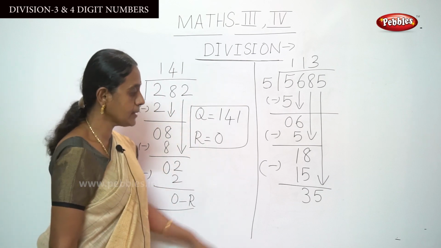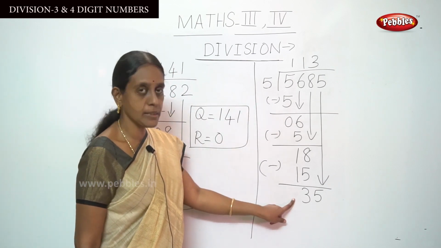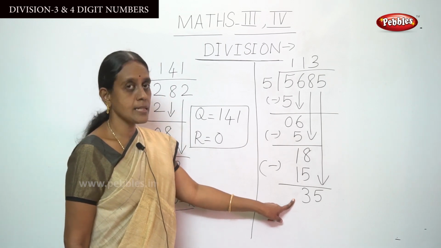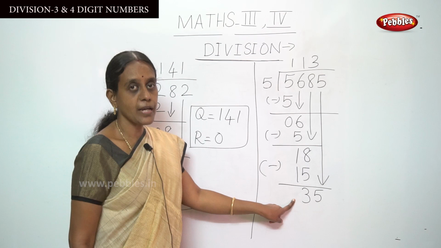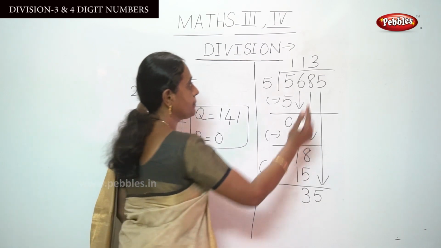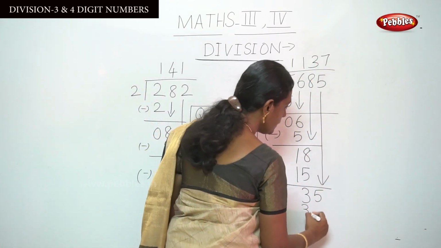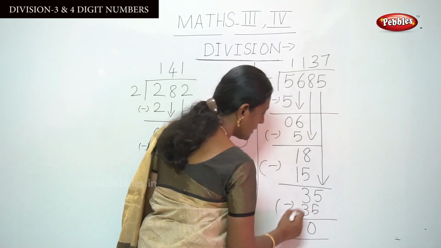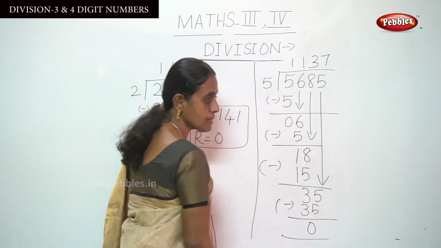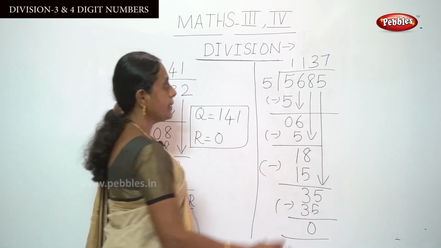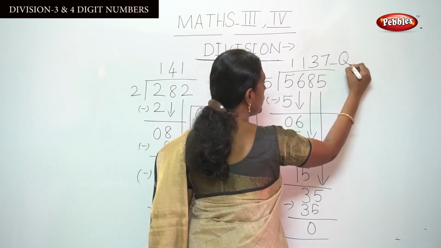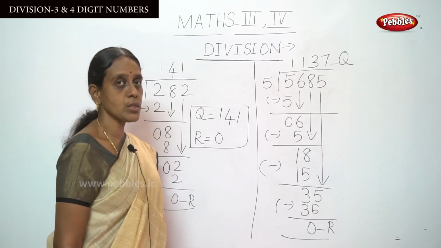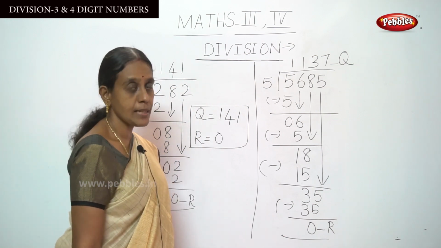Say the 5 table up to the number 35: 5 5s are 25, 6 5s are 30, and 7 5s are 35. Again subtract: 35 minus 35, the answer is 0. Write down here Q and R, where Q means quotient and R means remainder.